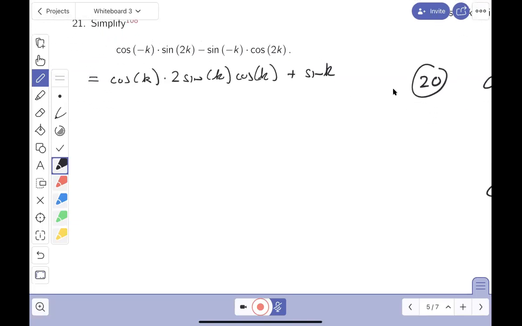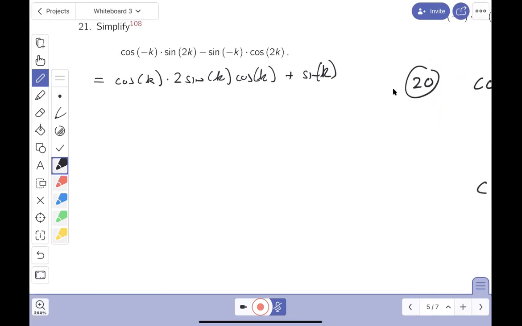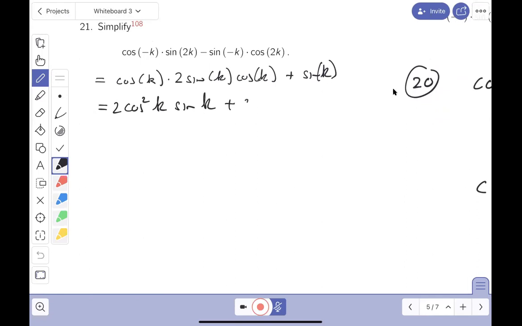The cosine of 2k is going to be, you know what, let me simplify this first. This is going to be cosine 2 cosine squared k sine k plus sine k. Let me do the cosine 2k now.